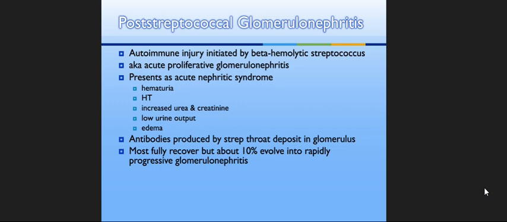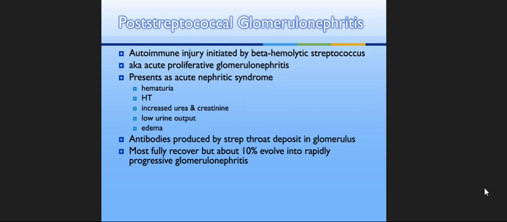That strep antibodies are deposited in the glomerulus. Most of those patients recover fully. I mean, 90% of this entity is curable.